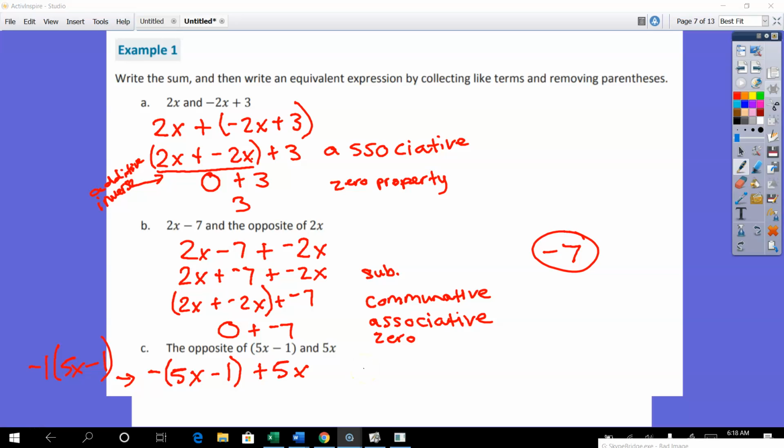Okay, so the first thing that I need to do here is I need to distribute. So a negative times a positive is a negative 5x, and a negative times a minus 1 is a plus 1.